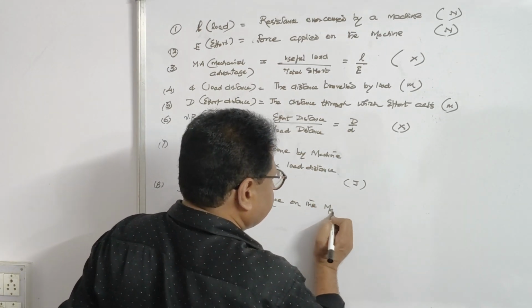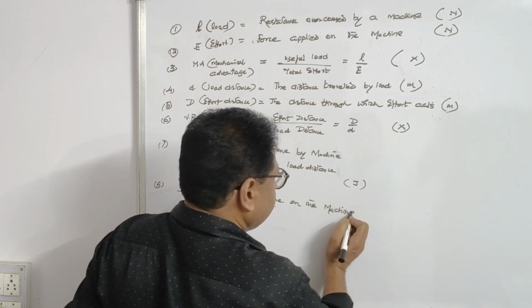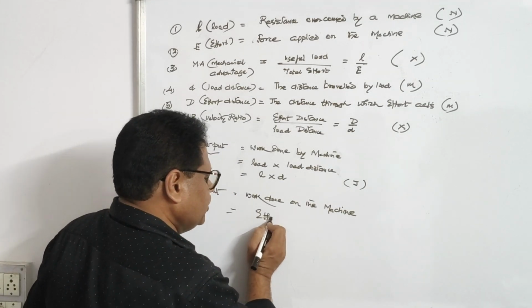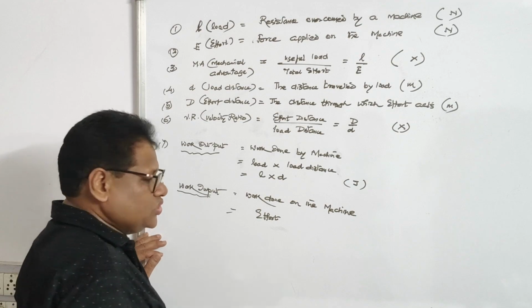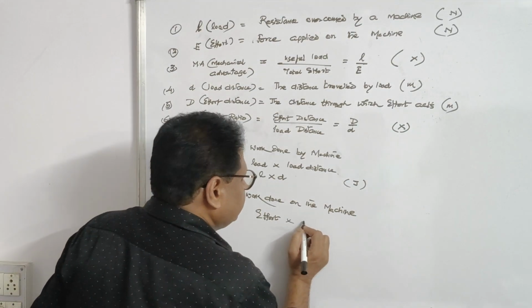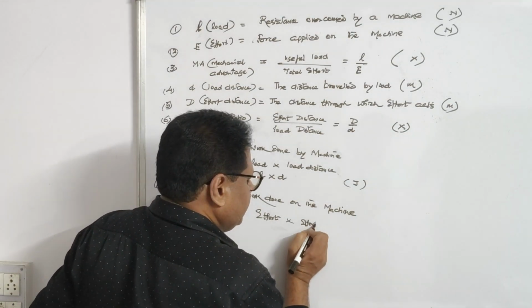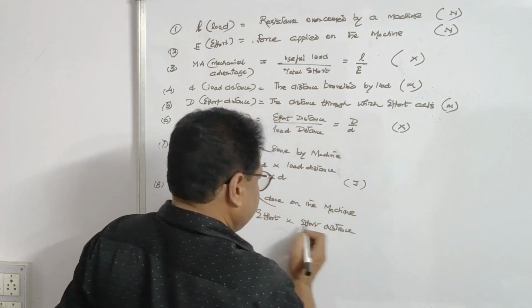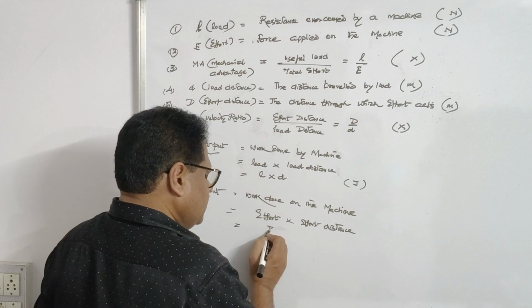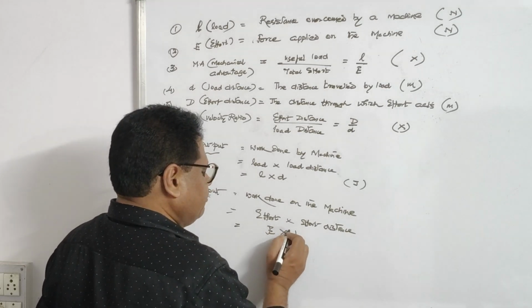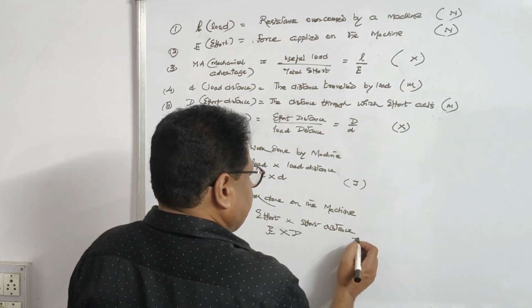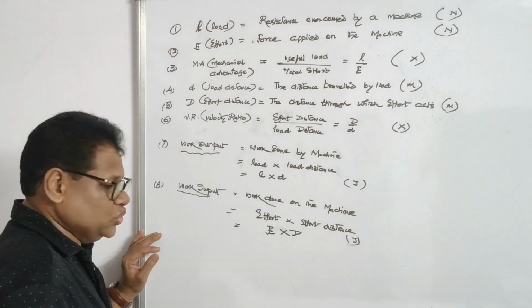This equals effort, because you are putting effort, which is a type of force, multiplied by the effort distance. So this comes to E into capital D. This is also a type of work, so we express it in joules.